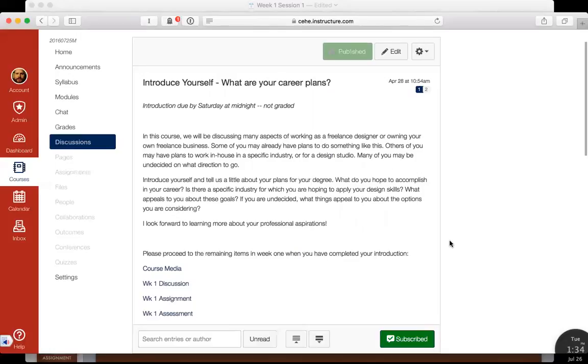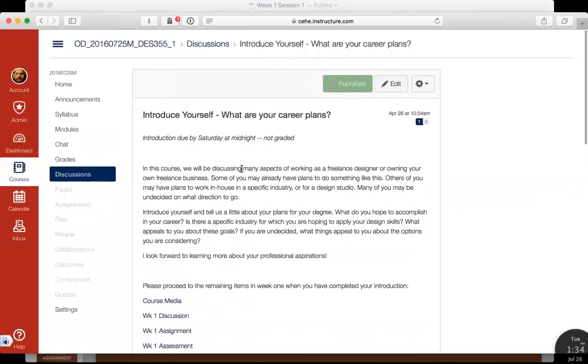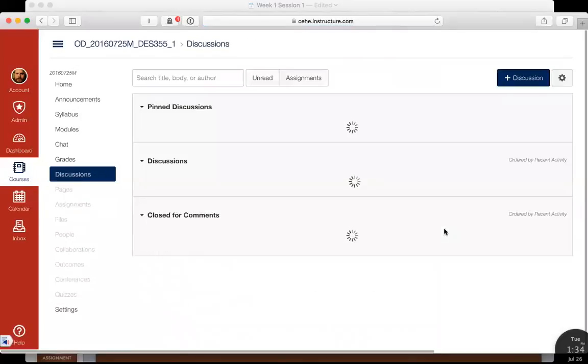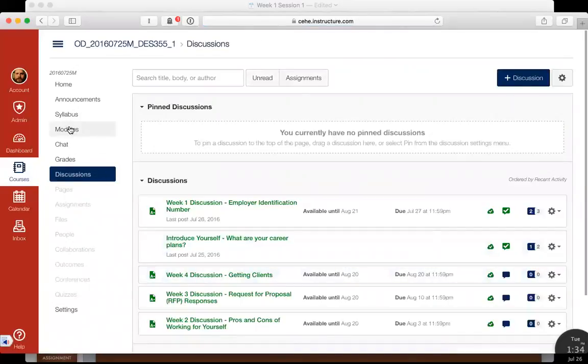What do you hope to accomplish in your career? Is there a specific industry for which you're hoping to apply your design skills? What appeals to you about these goals? If you're undecided, what things appeal to you about the options you're considering? So, again, this is not graded, but please go in and do that just so I can have a better understanding of who you are and where you're coming from as you're doing this.